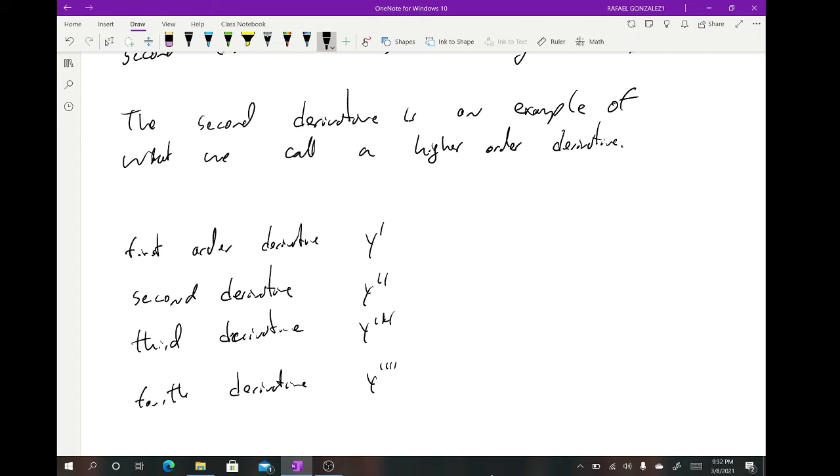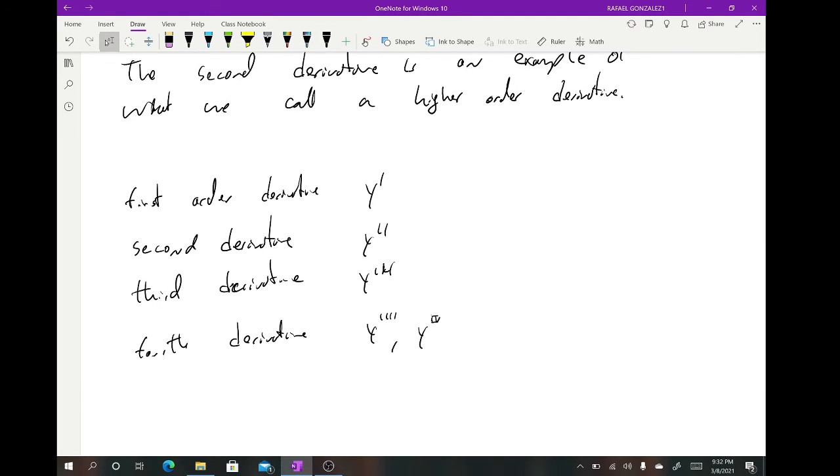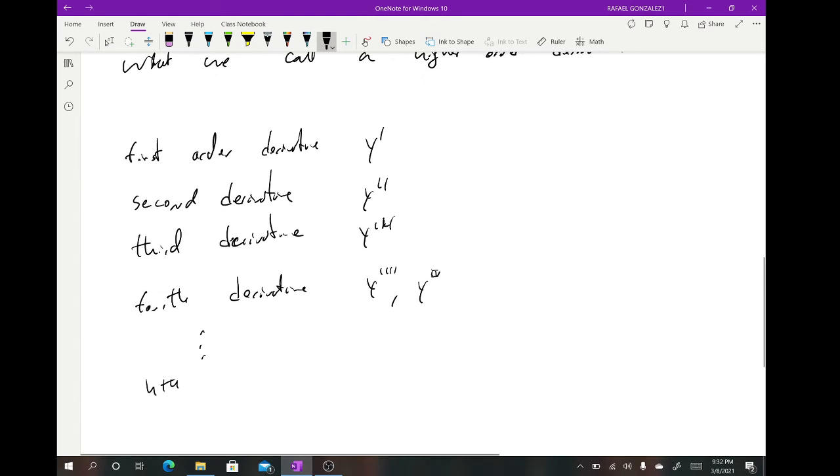So people write it like this. You may also see it as y to the fourth in Roman numerals. And you could go until the nth derivative. You could have 10 derivatives, 1,000 derivatives, and this will be denoted by simply y to some n up here.